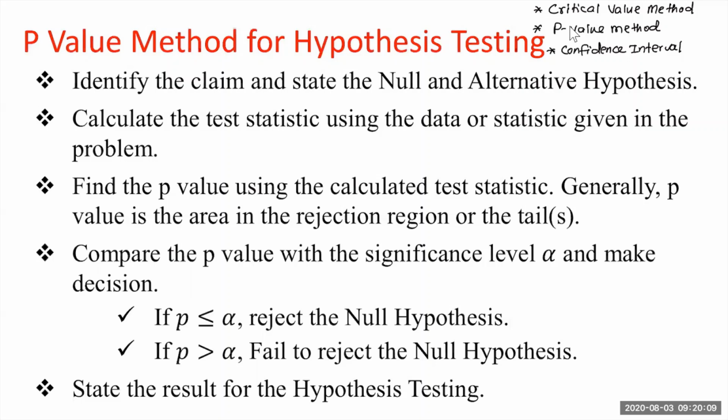If you look at your textbook, you will see all three methods in detail. But we are going to use only the p-value method, and you must know the steps in performing hypothesis testing using it. The critical value method and confidence interval method are traditional methods, used when we didn't have strong computer systems.